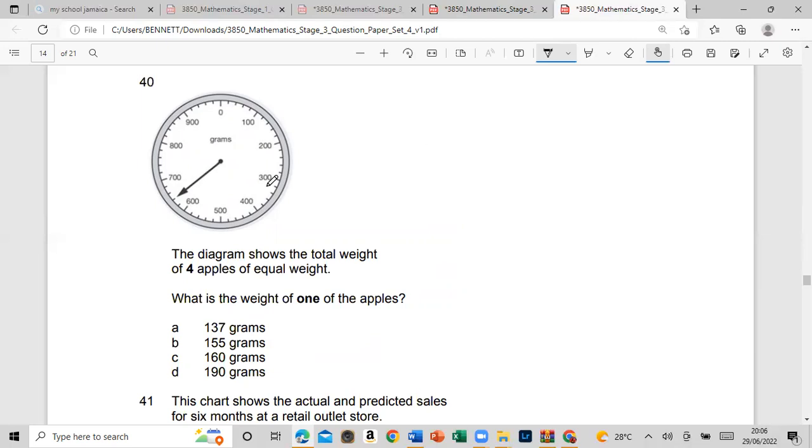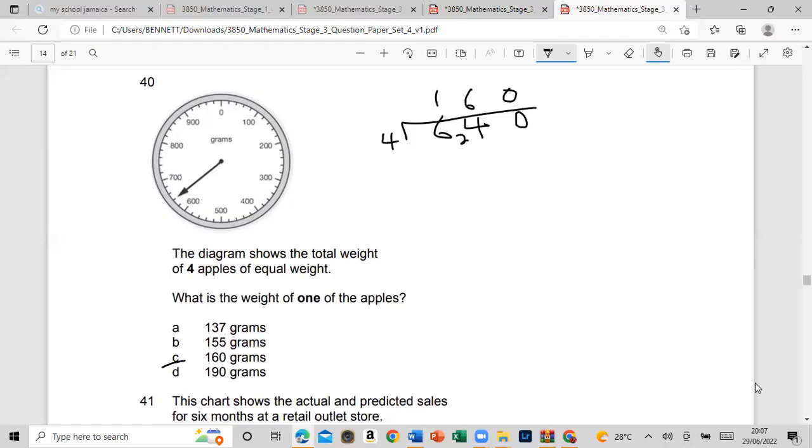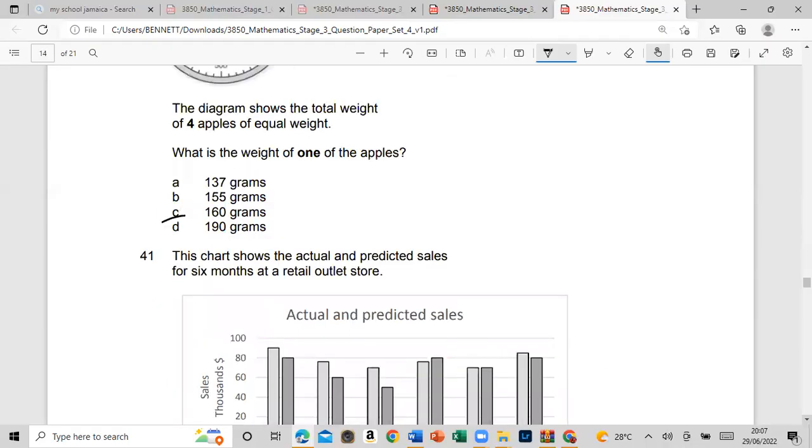So 620, 640, 660, 680. So that's 640 now. Divided by 4. 4 into 6 is 1, left 2, so that's 160 grams.